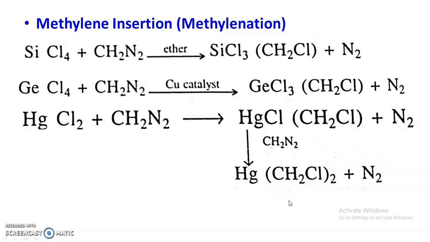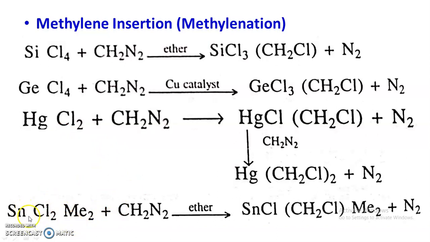So this methylene insertion reaction is also called a methylation reaction. Metal or non-metal halides like silicon halide or germanium or mercury halide, when treated with diazomethane, give an organometallic compound.